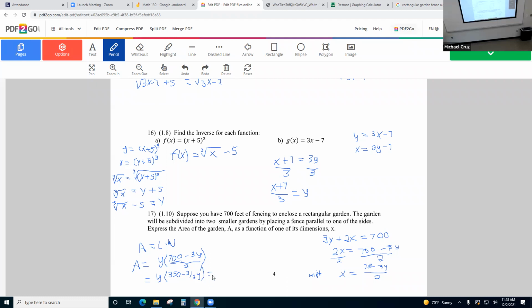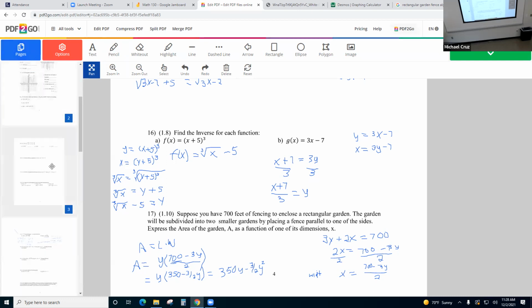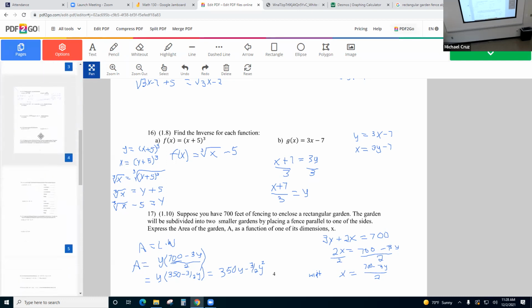So then this would be 350y minus 3 halves y squared. Great. I was kind of surprised they didn't ask us to solve anything. Find the length, they just wanted us to.